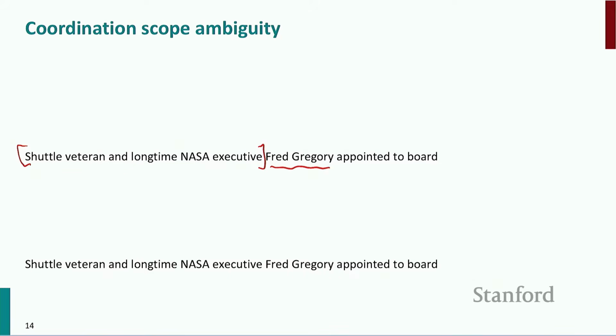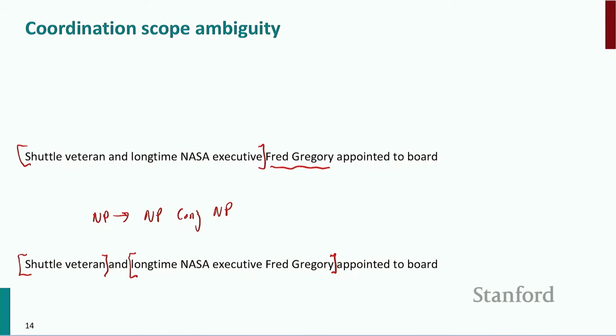Or it can be that there are 2 people, there's a shuttle veteran and there's a long-time NASA executive, Fred Gregory. Yeah, and we'd be capturing those by having extra grammar rules where a noun phrase can go to a noun phrase, a conjunction, and a noun phrase.